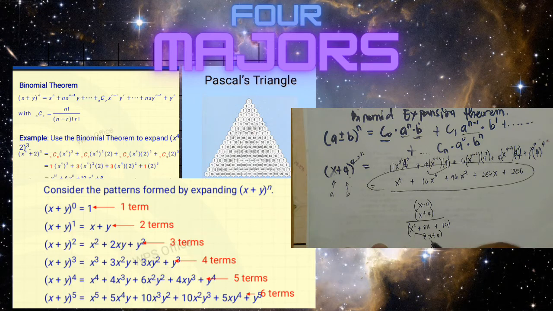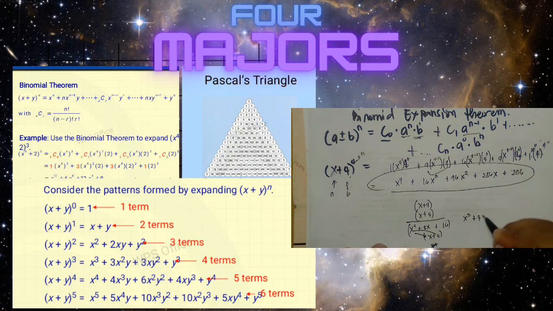So this is actually x to the power of 3, plus 4x squared, and then this one plus 8x squared, plus 32x, okay, 32x, alright, so that's it.